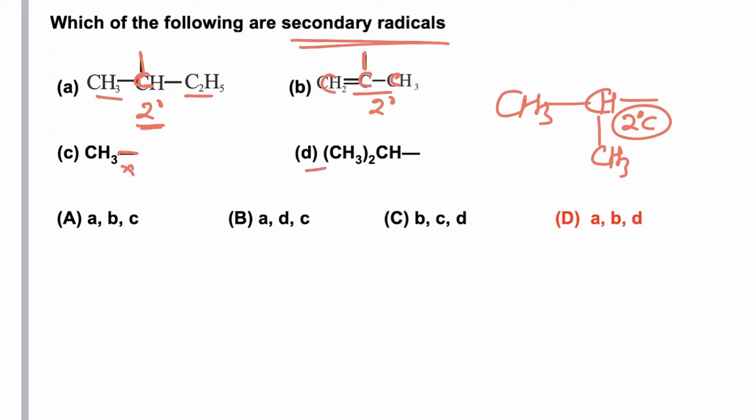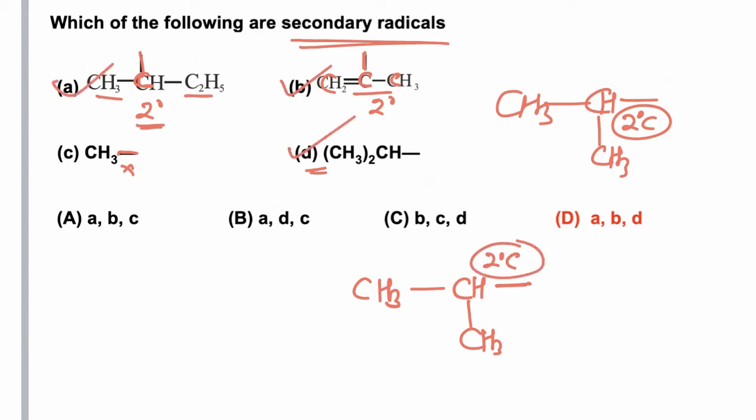If we take the last example, this is isopropyl radical, and if we open the molecule, then we find isopropyl radical is having free valency on 2 degree carbon, hence it is also 2 degree radical. So the correct answer is A, B and D. So D option is correct.